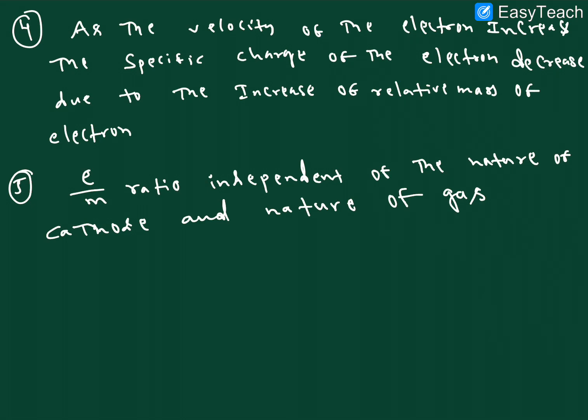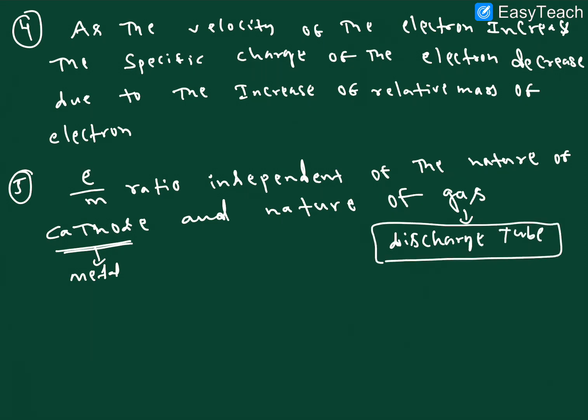So the e/m ratio is independent of the nature of the cathode and the nature of the gas. The cathode is the metal we are taking, whatever metal it is, and next, whatever gas we take in the discharge tube. I hope these two points are clear.